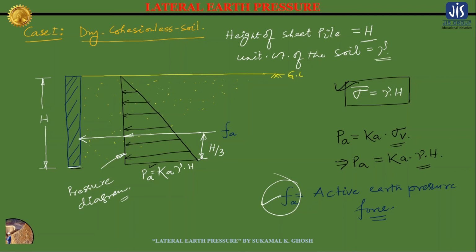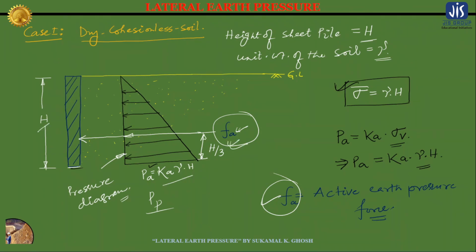So by knowing the value of this Fa, we may calculate the overturning moment that will be produced due to this Fa, and according to that we may design the resisting moment. Okay, so here our main purpose is to calculate this active earth pressure force, or in case of passive pressure, our main purpose is to calculate the passive earth pressure force.